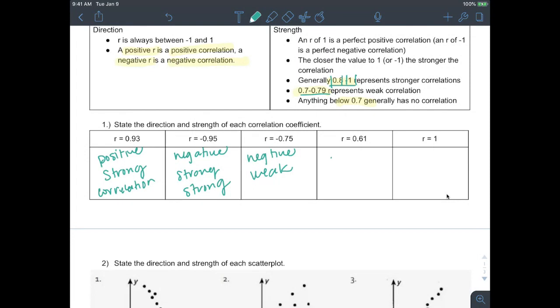This one is positive because the value is positive, and weak. And no correlation, sorry, because it's below 0.7. This is a positive and perfect correlation because all the data is going to be on the line.